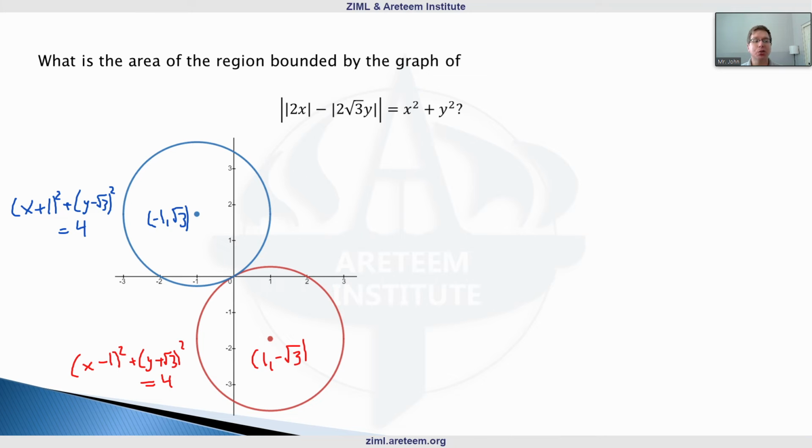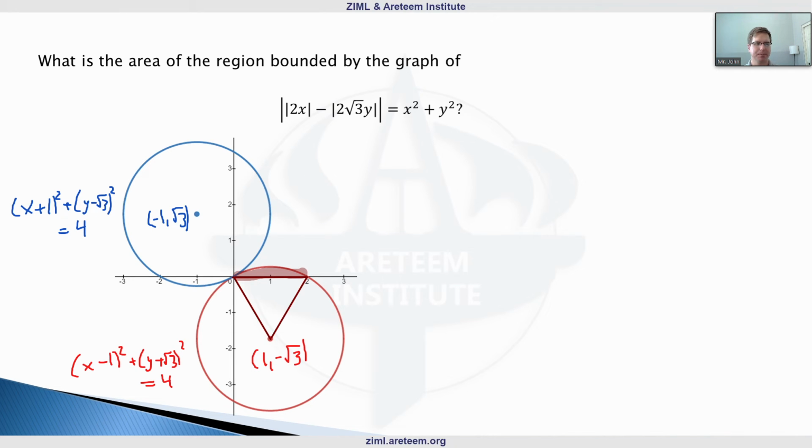Now there's not too many things we can do when we're trying to find areas of circles. We want to find this area here, so you naturally want to think about the sector. So let's connect the center of our circle to our points of intersection, and then we're going to subtract off the triangle.